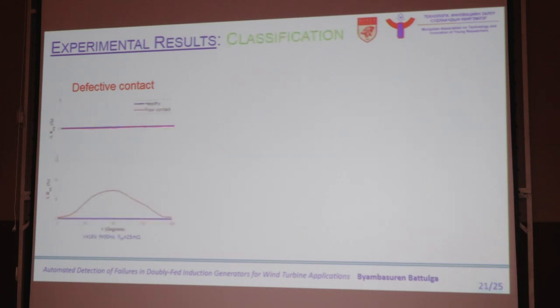And the percentage change in REQ and XEQ can be plotted and used for classification of 3 faults. In the case of defective contact, the graph shows sinusoidal increase only in REQ. Almost no change in XEQ, as you can see in the first graph.